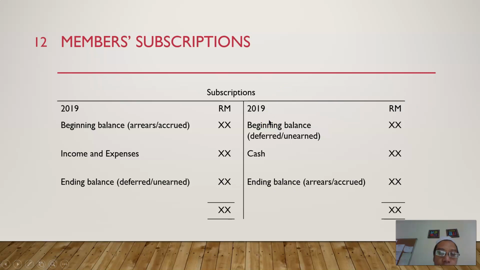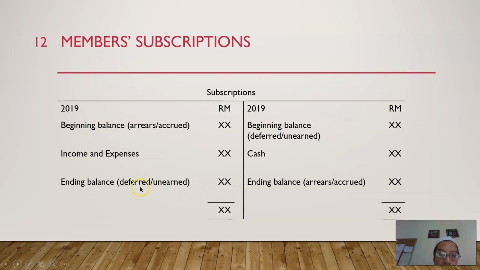Those subscriptions that were paid in the previous year for the current year will be a beginning balance on the credit side, and any advance payment that was made this year for the subsequent year subscription will be on the debit side. And on the debit side, the ending balance.